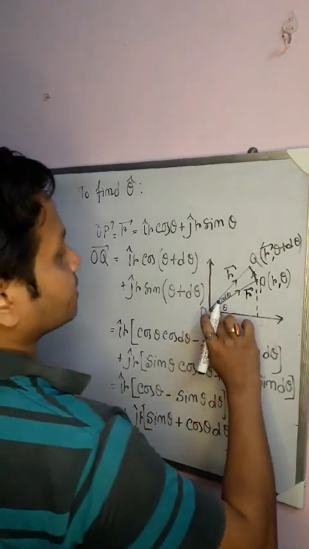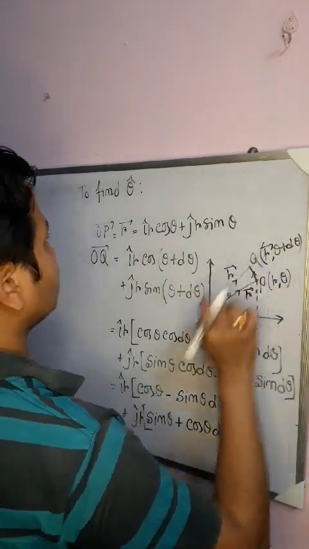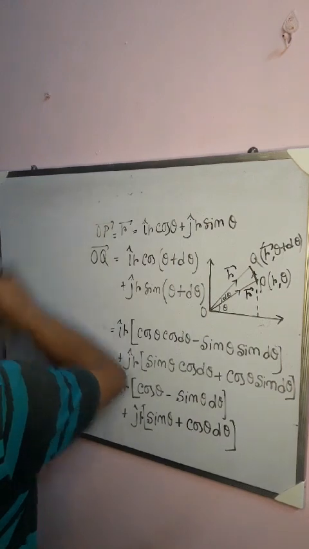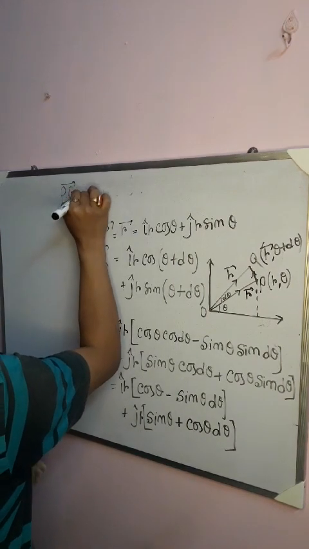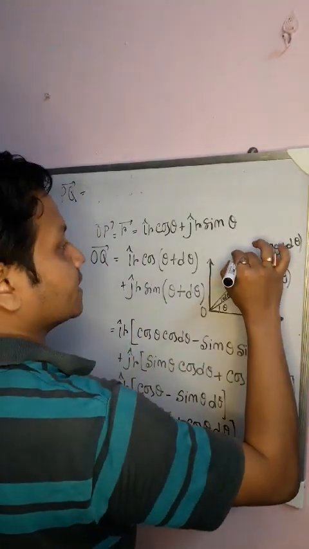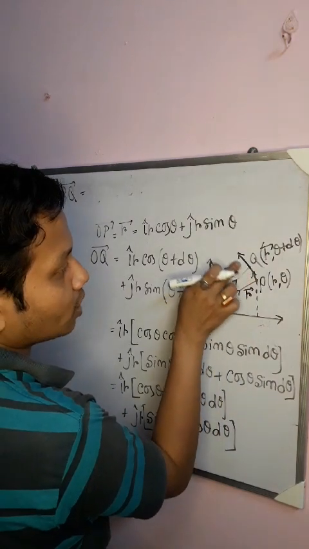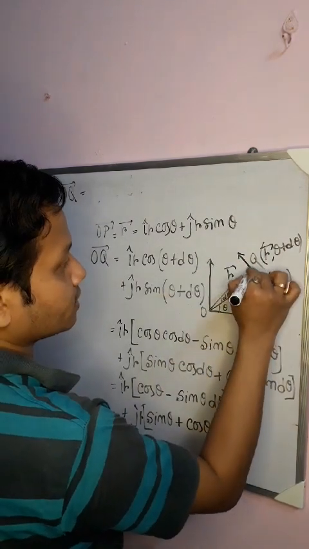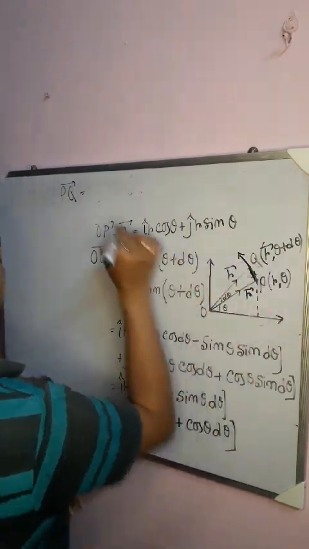Now we have OP and we know OQ, so what will be my PQ? Because we are going to find theta cap, that is, the direction of increasing theta, we require PQ. PQ is simply OQ minus OP.